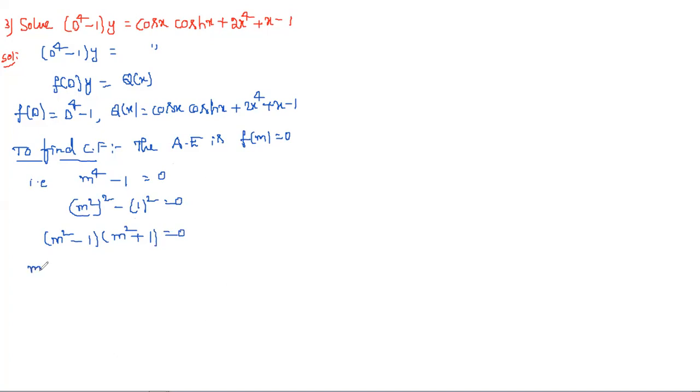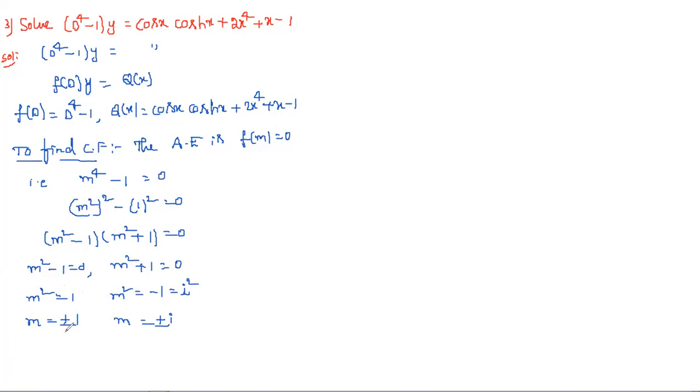By null factors, simply we can write m^2 - 1 = 0 and m^2 + 1 = 0. So that is m^2 = 1 and then m = plus or minus 1. And here m^2 = -1, so minus 1 is nothing but i^2, and then m = plus or minus i. So which roots we got here? Here the order of the differential equation is 4, so obviously you need to get 4 arbitrary constants.